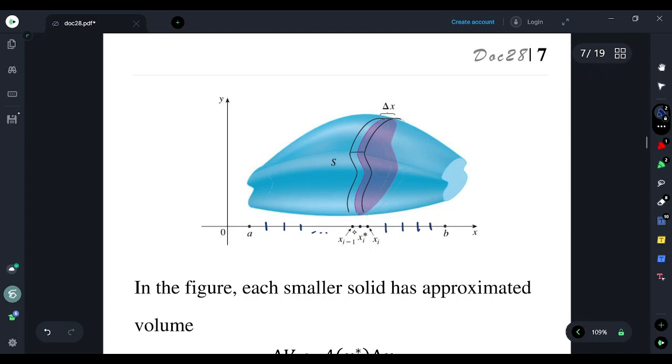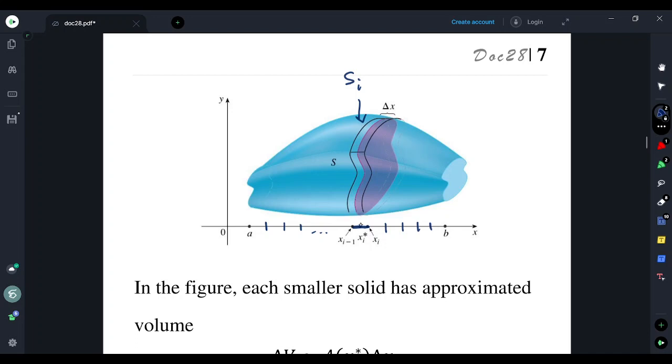And then on each sub-interval, let's say from x_{i-1} to x_i, the solid is cut into a smaller solid, let's say S_i. So instead of having a curved boundary, we're going to look at a uniform boundary.